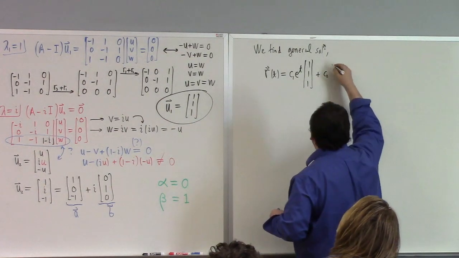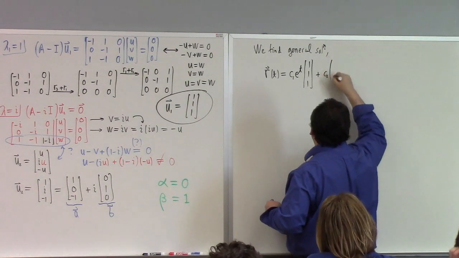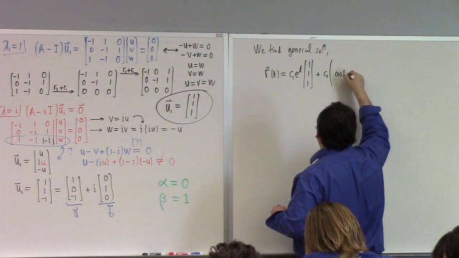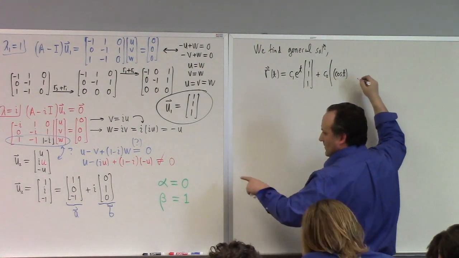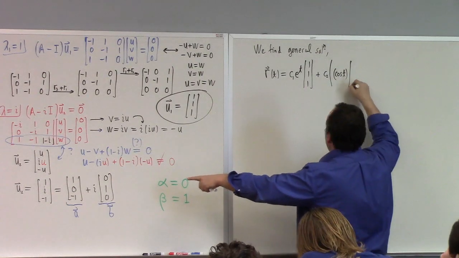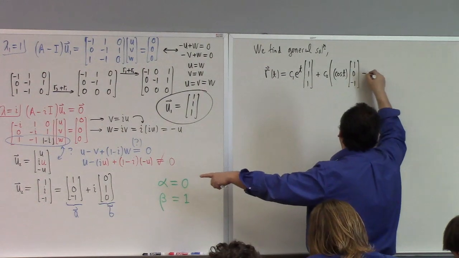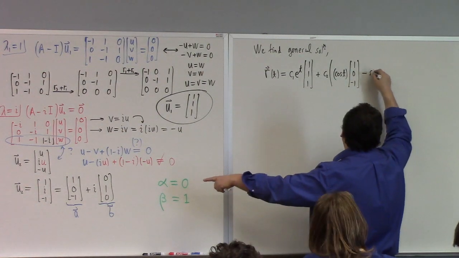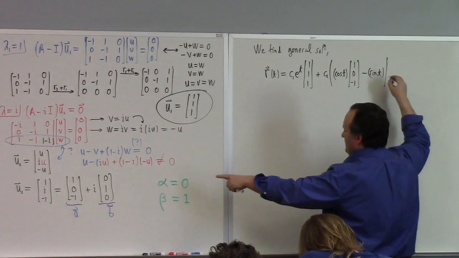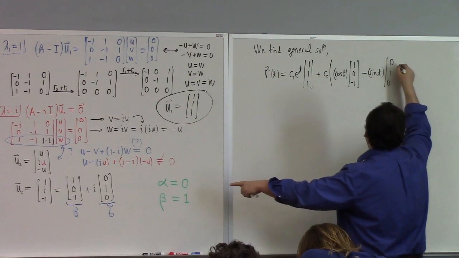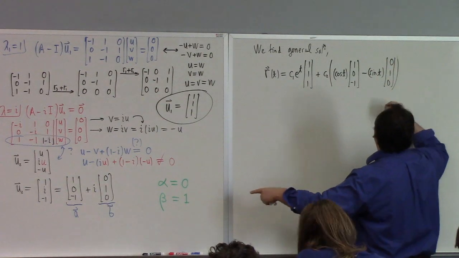So we get C2, I'll put some big old parentheses here. I've got myself a cosine t times my A vector, 1, 0, minus 1, right? Minus sine t times my B vector, which in this case is just 0, 1, 0. All right?